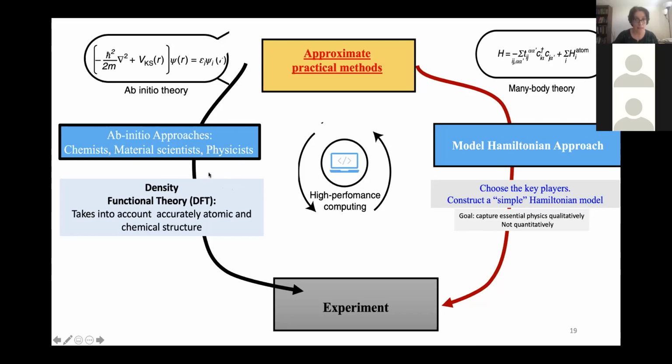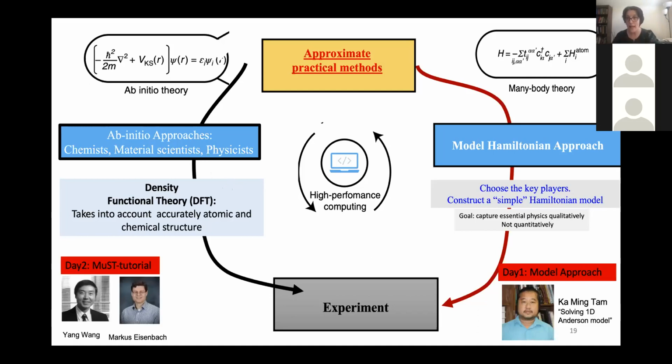In these methods, we take into account very accurately all electrons, all atoms, all ions, their positions, and all the interactions that are present in the system. So we don't use any empirical parameters. This is first principle calculations.